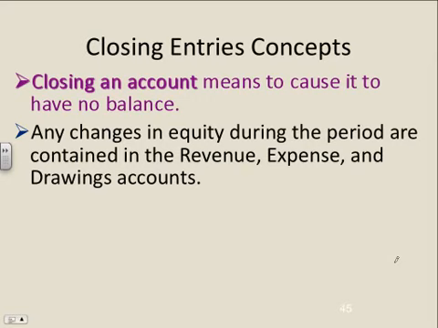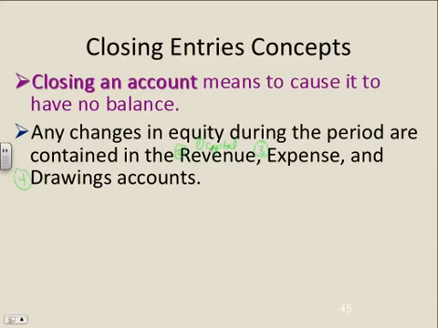Any changes in equity during the period are contained in revenue, expense, and drawings accounts. Remember, our four owner's equity accounts. We have capital, which is a permanent account. We have revenue, expense, and drawings. These are our owner's equity accounts.